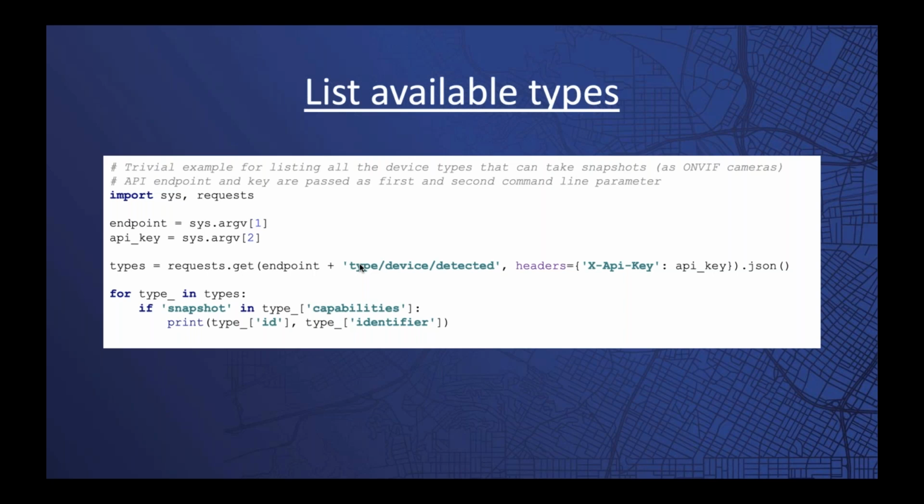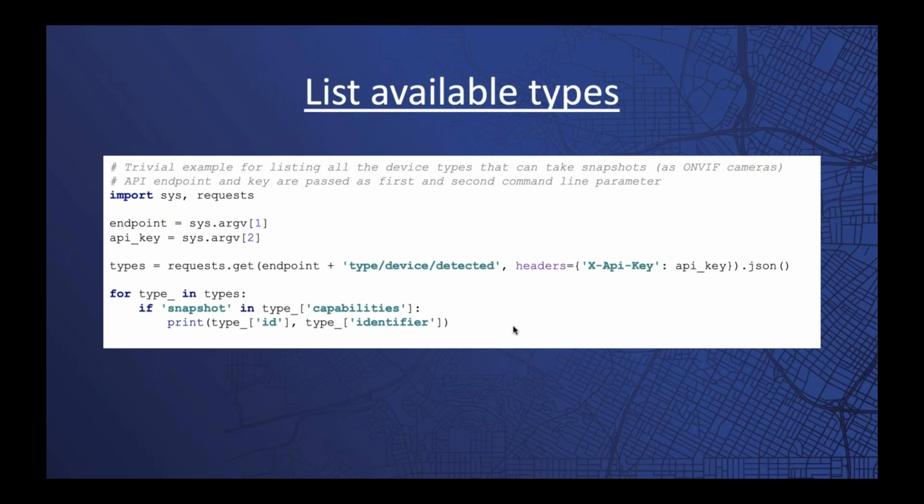In this case, we are getting all the types that are acknowledged by Domotz, and we are filtering and just selecting those types that have snapshot as a capability. There are other kinds of capabilities like reboot or restart, and that way you will be able to know if a certain device has or not the capability of doing an operation based on its type and the capabilities of that type.